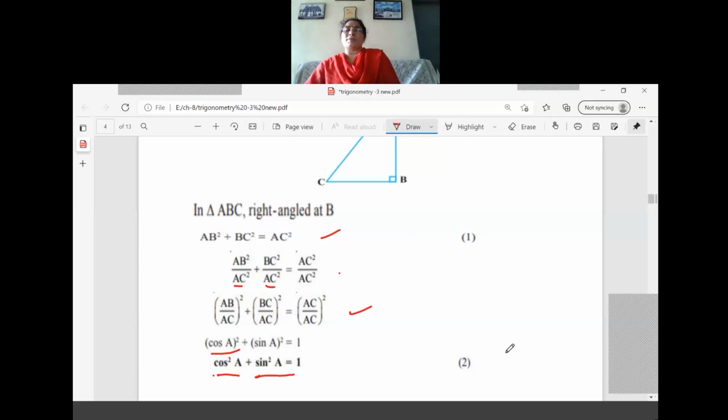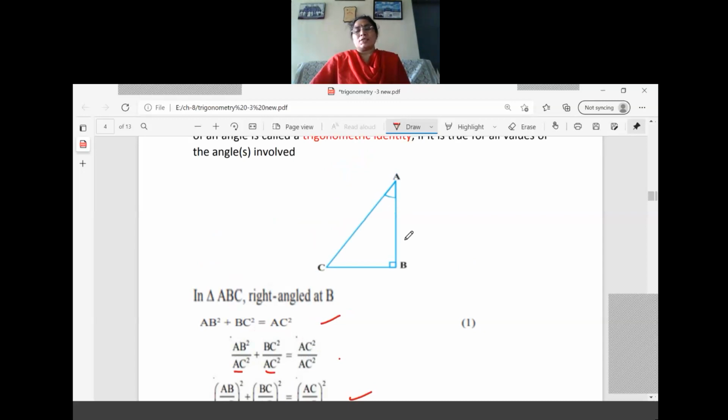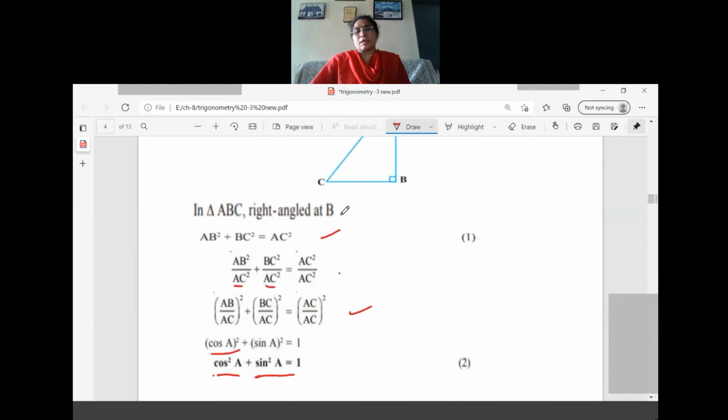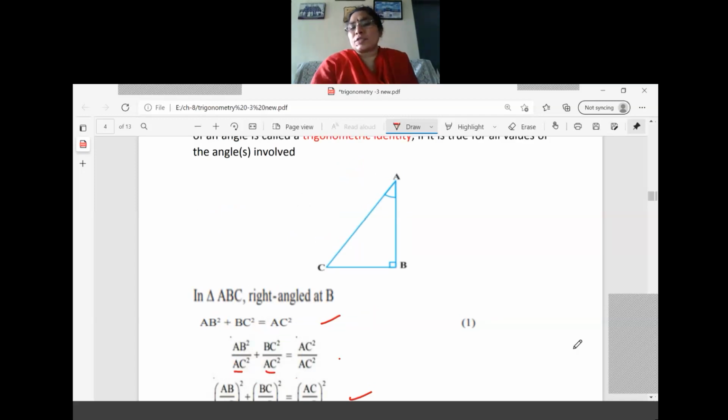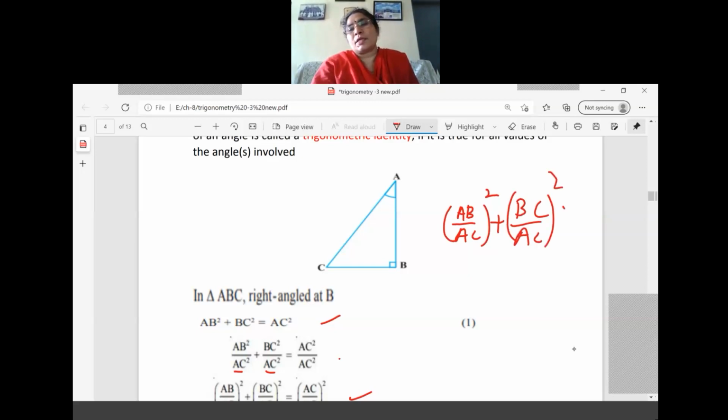Now let us see whether this is applicable in the case of C also. When we go for C, AB is the opposite side, right? So when we go for C, listen carefully all of you, (AB by AC) whole square plus (BC by AC) whole square is equal to 1.